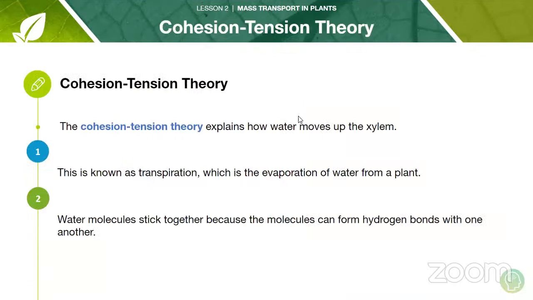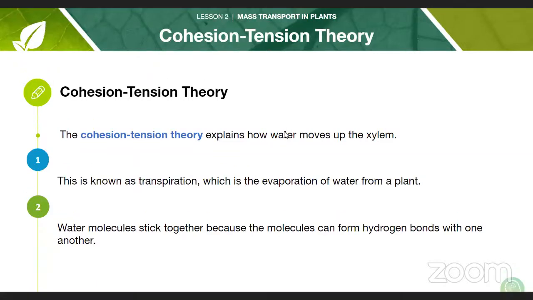The cohesion tension theory explains how water moves up the xylem. Cohesion tension theory generally explains something called transpiration. So what topics will this session be about? I will go back to explain that.